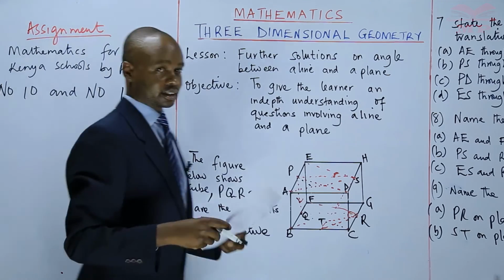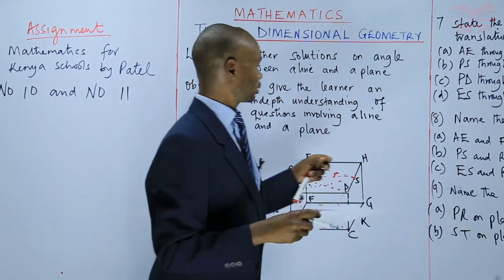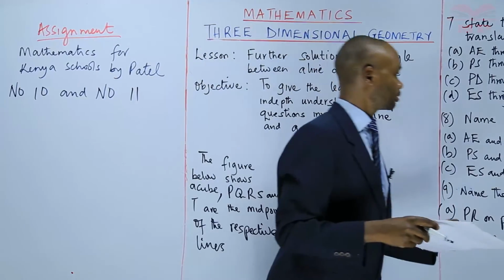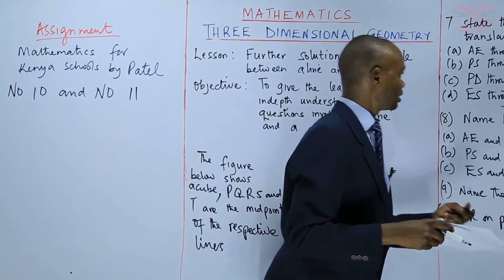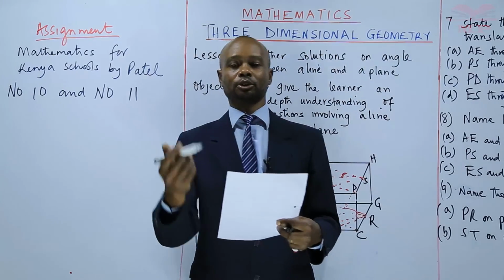So learner, at that juncture, ensure that you've objectively got what we mean by a translation, and how you can get the angles between two lines which belong to different planes.